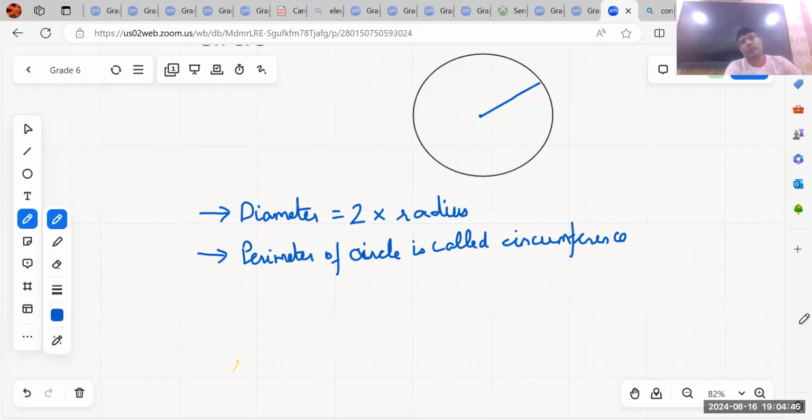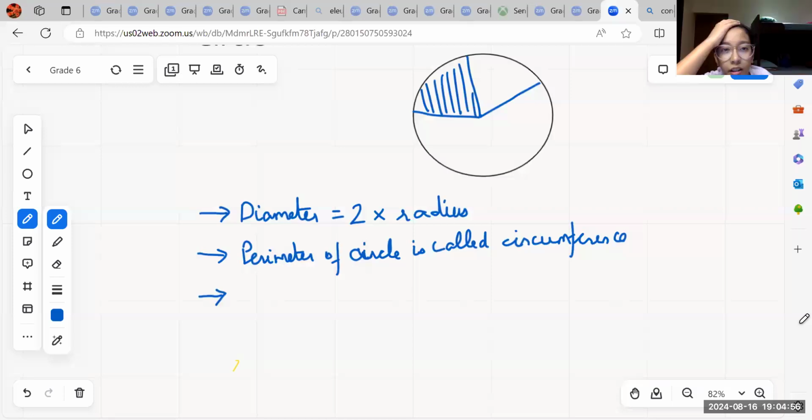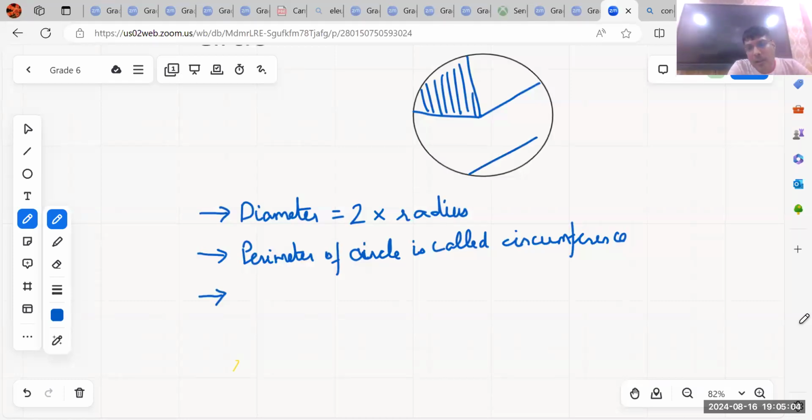Now guys, what is this pizza piece called? Shaded part. First of all, we know what a chord of a circle is.